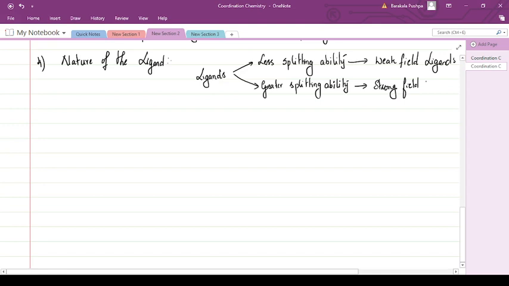Weak field ligands always give high spin complexes.